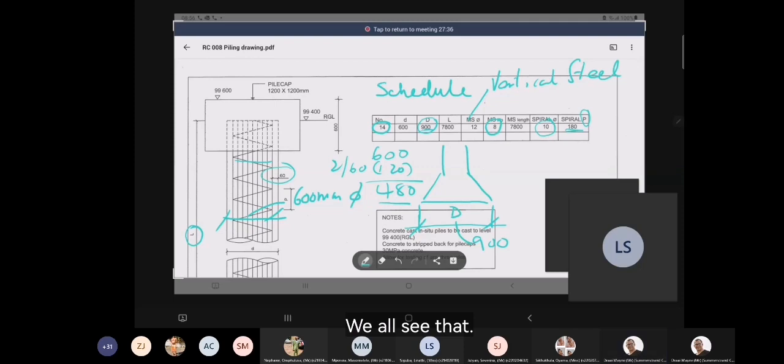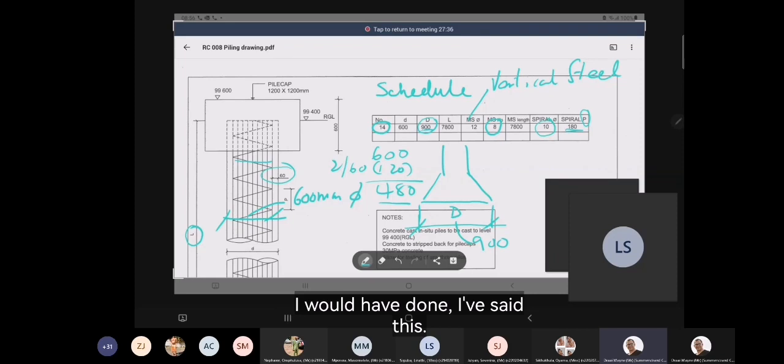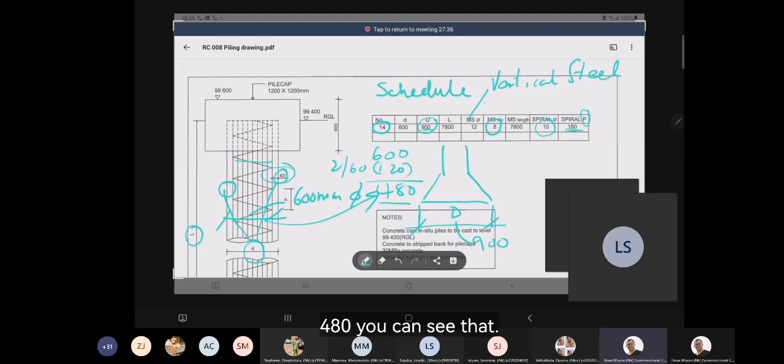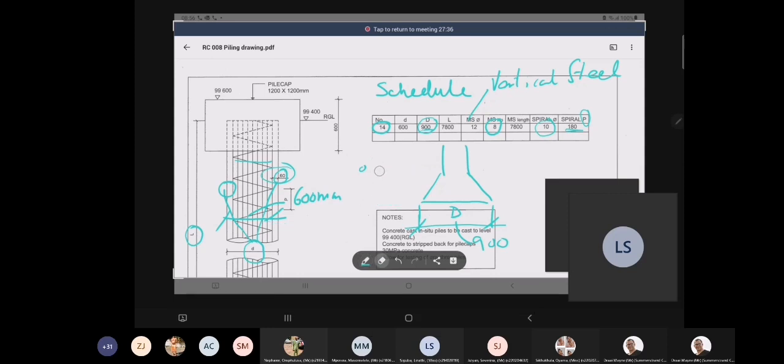Can we all see that? I've said this minus that, and minus that one on that side, and all of that gives me 480. We'll get to those calculations a little later. Okay?